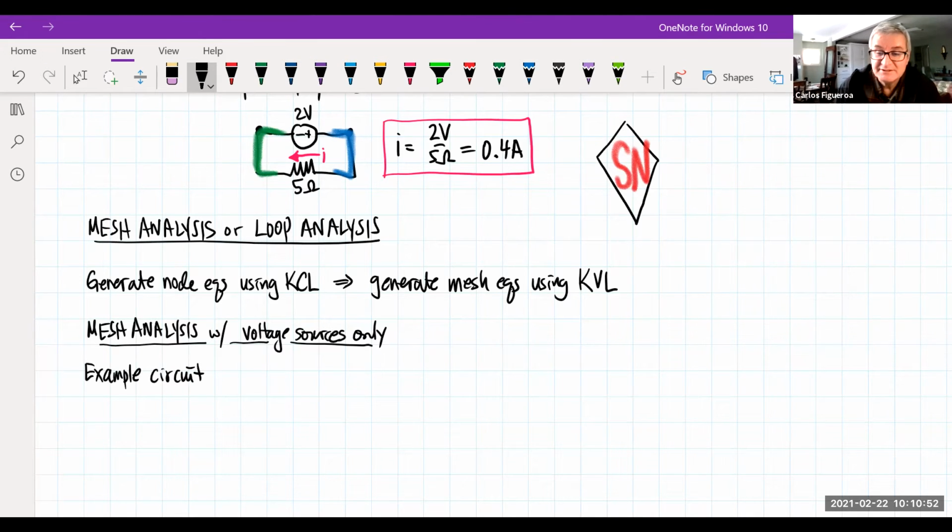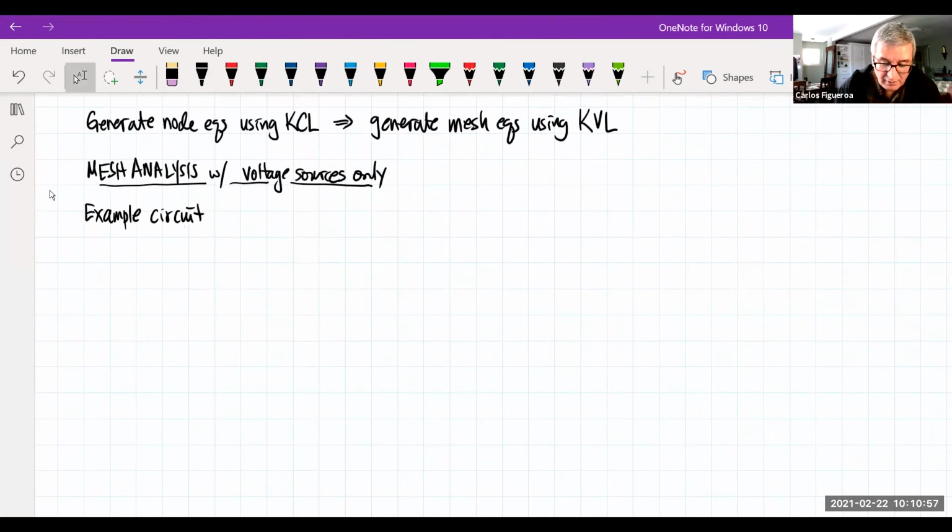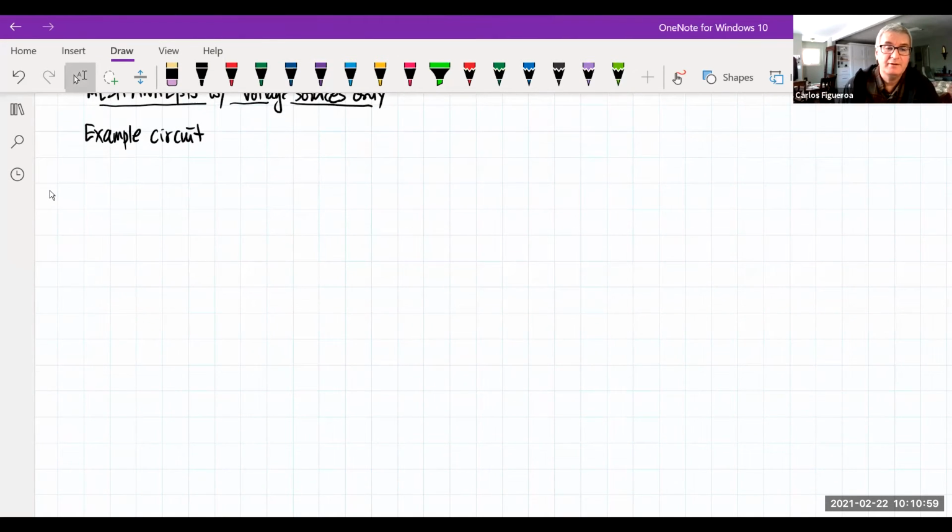If I look at this example circuit, I think we should start really trying to get you to start simplifying circuits here. Imagine that you have a circuit like this.